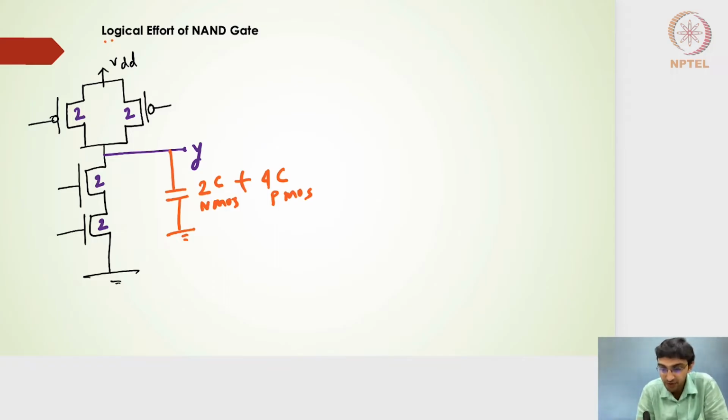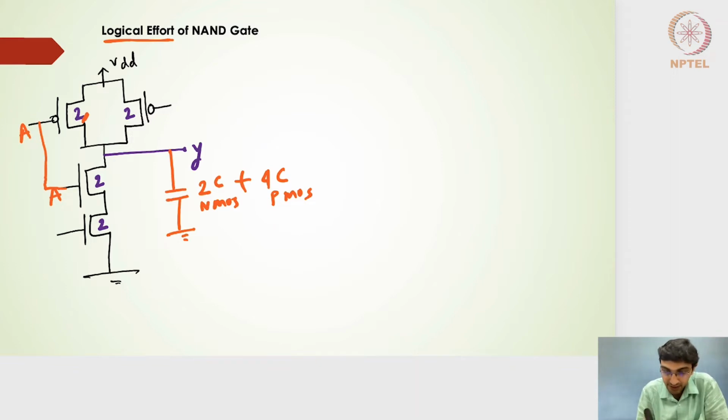But I think what we want is the logical effort. The logical effort, by definition, is the ratio of the input capacitance divided by the inverter's input capacitance. So here I'm considering the input capacitance for one of the gates. If I'm considering this as A and A here, these two will be tied together.